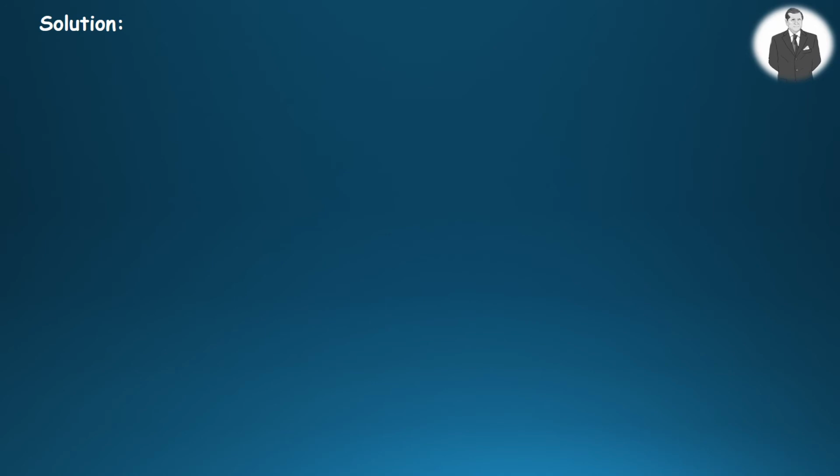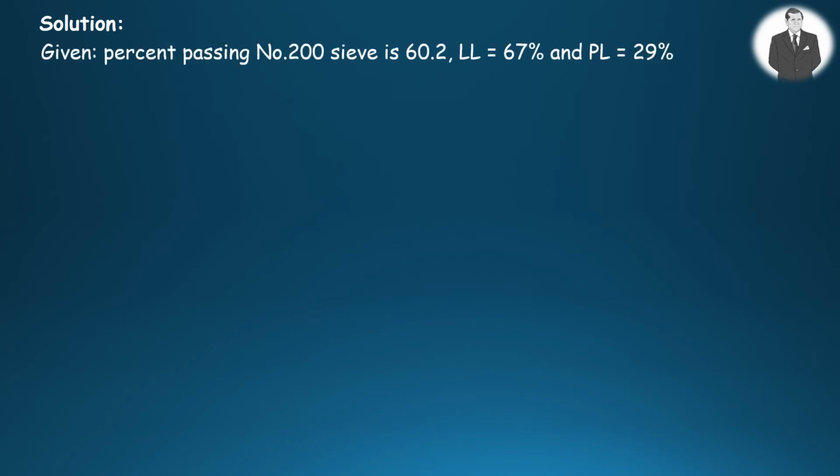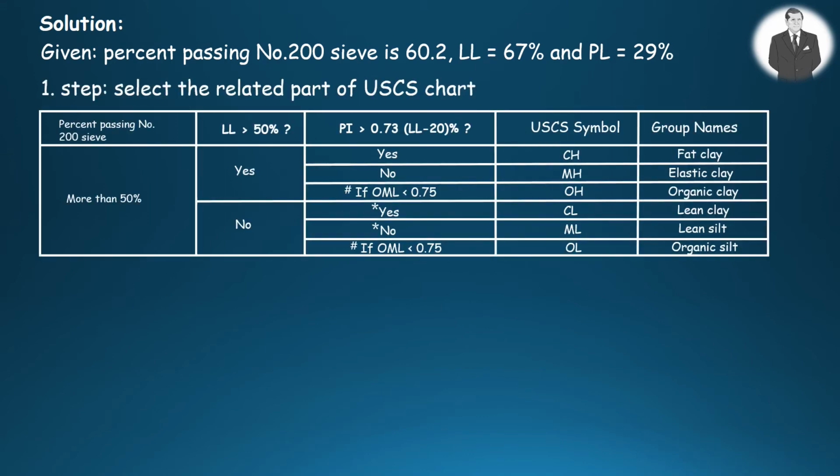From the laboratory test results, we have the percentage passing No. 200 sieve, liquid limit, and plastic limit. In the first step, we need to select the related part of the Unified Soil Classification System chart. Since the percent passing No. 200 sieve is more than 50%, we now need to check whether the liquid limit is greater than 50 or not.